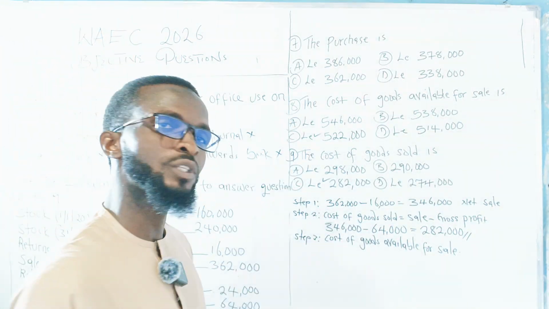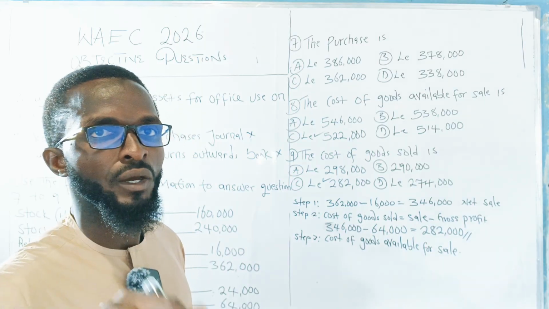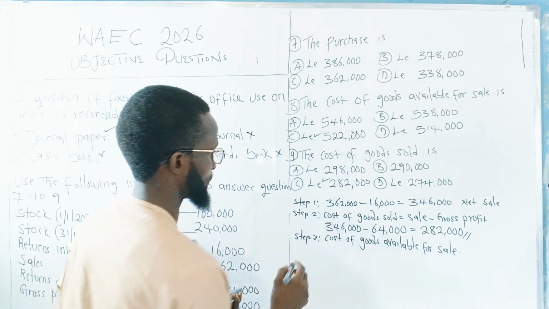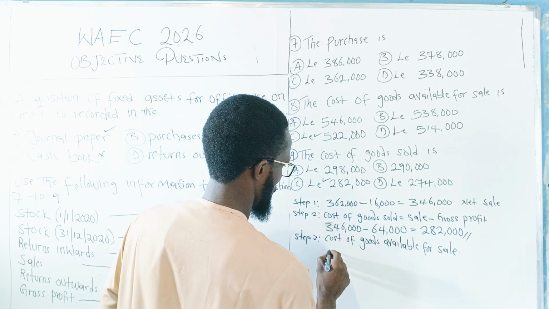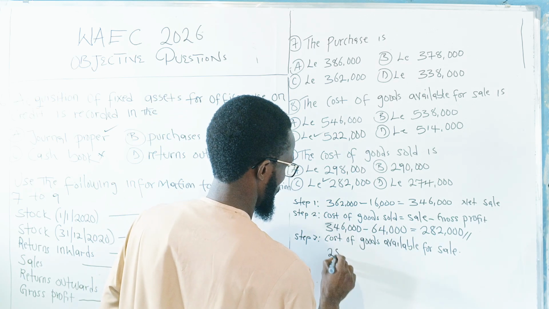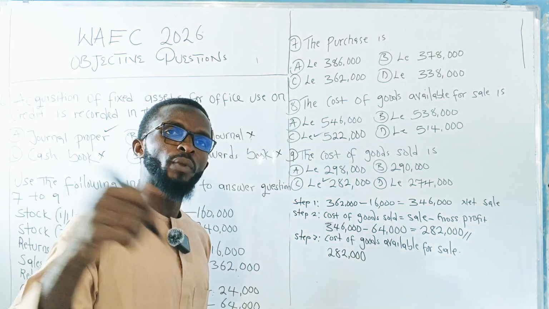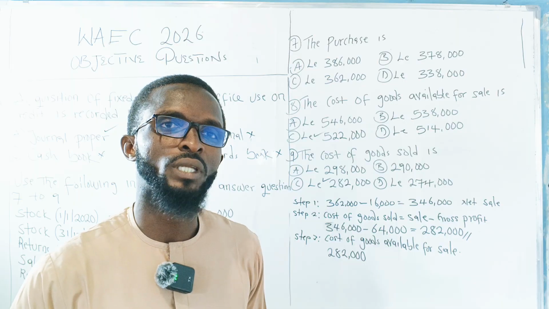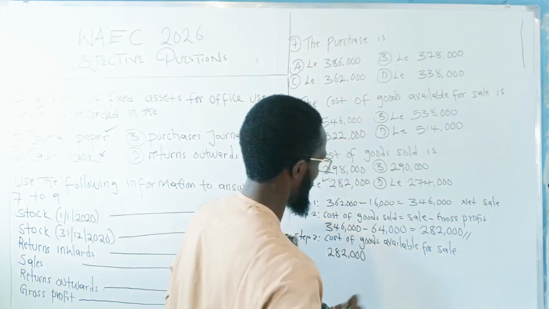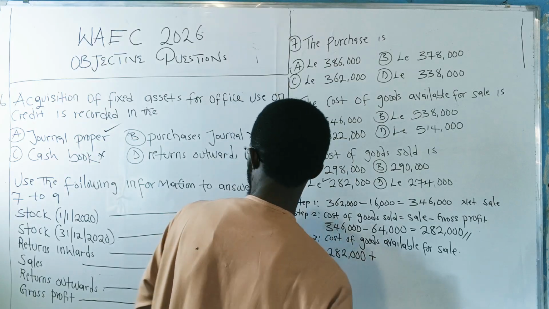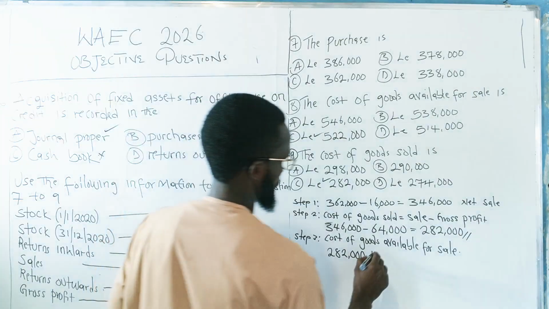So now let's put our closing stock back. Our cost of goods sold is 282,000 lei. Then plus closing stock. Closing stock is given in the question as 240,000.